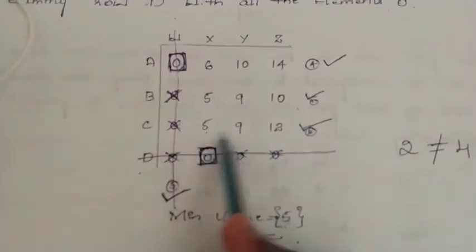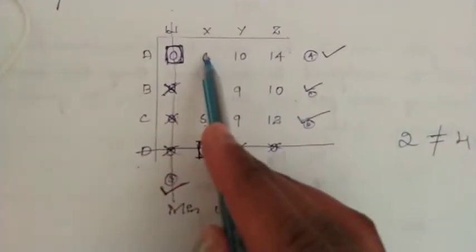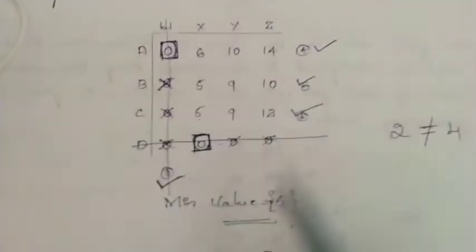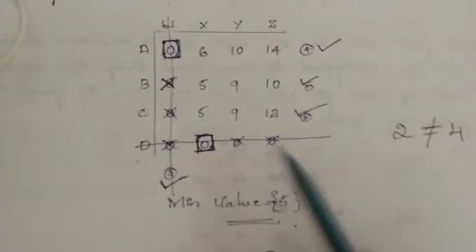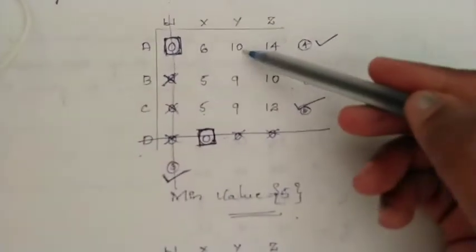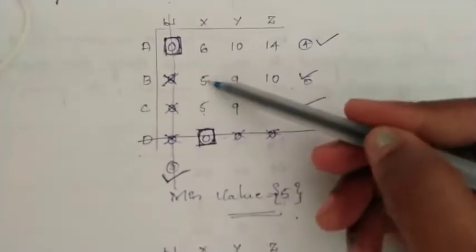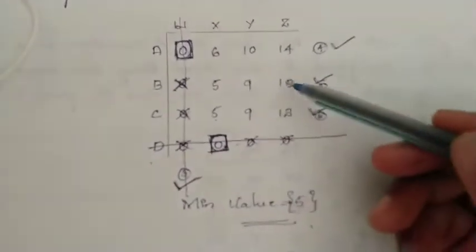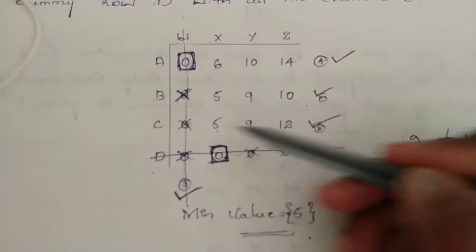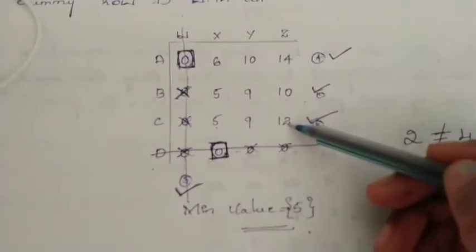And the remaining uncovered values will have the minimum value subtracted. That means 6 minus 5, 10 minus 5, 14 minus the minimum value 5, 5 minus 5, 9 minus 5, 10 minus 5, 5 minus 5, 9 minus 5, 12 minus 5. Then the next matrix we obtained is like this.